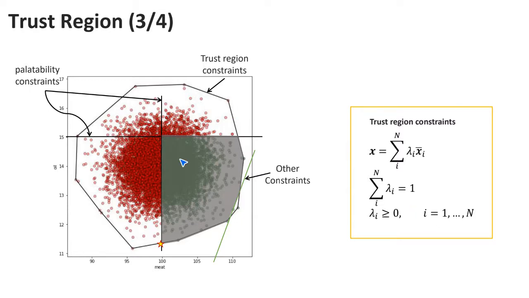And so here what we have is that a feasible solution, to be feasible, has to respect the constraints coming from the tree, my nutrient requirement constraint, and also my trust region constraint. So the optimal solution now is, again, palatable according to the tree, and is also much closer to what we have seen in the dataset. So I can have much more trust in the machine learning model.